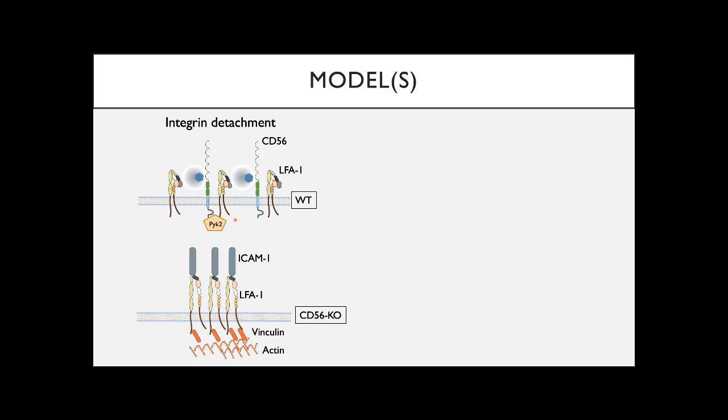And then one of the things we also think about is the fact that CD56 is a fairly large protein, and it's also modified by the addition of polysialic acid. So one of the things we wonder is whether it's also maybe playing a role in helping to regulate sort of the spatial modulation of integrins on the cell surface, in the sense that when you delete it, we get this increased clustering of integrins, which could then lead to some of these seemingly larger integrin-associated complexes that we're finding in the cortex.